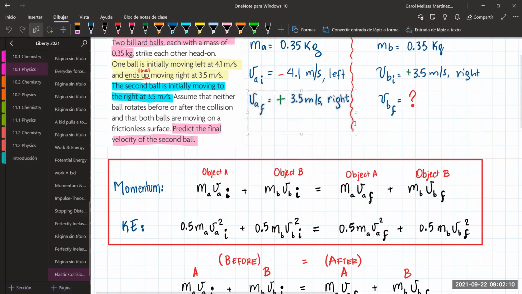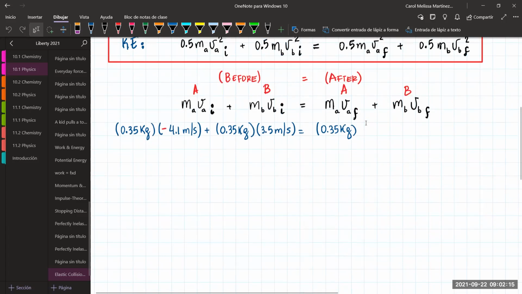This is the velocity of my object A final, which is positive 3.5. Mass of my object B, which is the same 0.35 kilograms, and multiplying the final velocity. Okay, so here I have the final velocity of my object B.